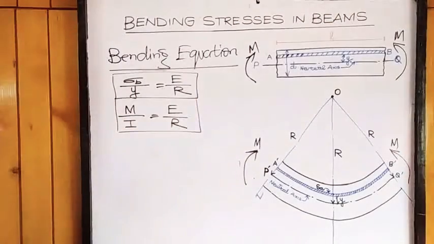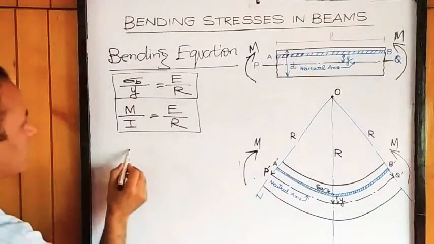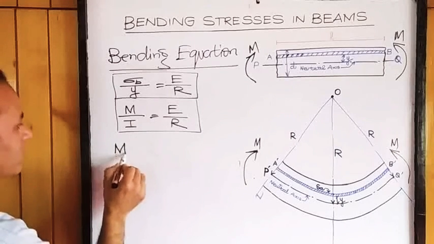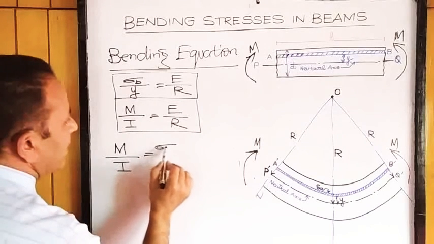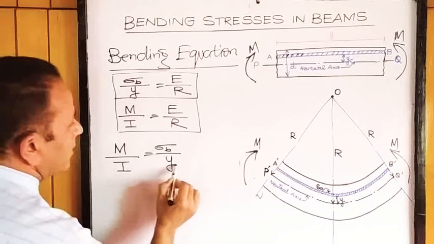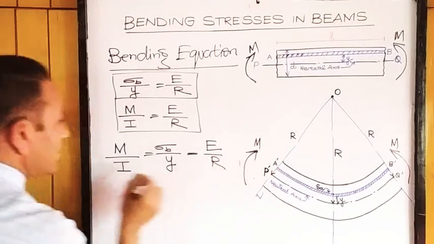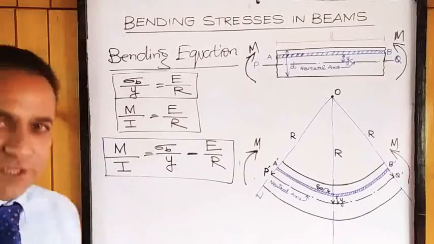Okay. So out of the two equations, if we combine these two equations, we will have M upon I is equal to sigma bending divided by Y, which is again equal to E by R. This equation is known as the bending equation.